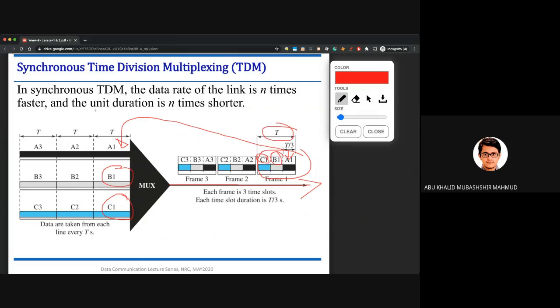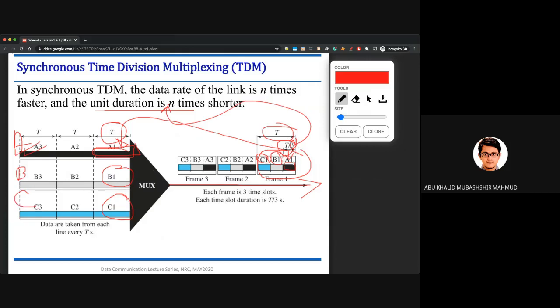But what do we mean by the unit duration being n times shorter? That is, we use t seconds for this whole block of A1, but we only use t by 3. This 3 is the value of n here because we have only channels A, B, and C, that is 3 channels.